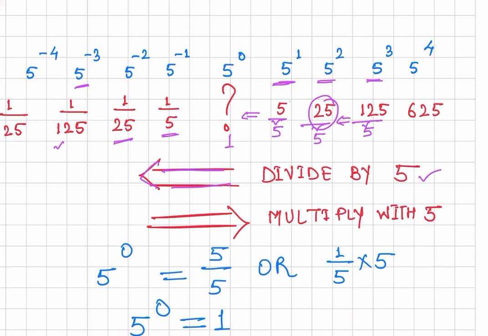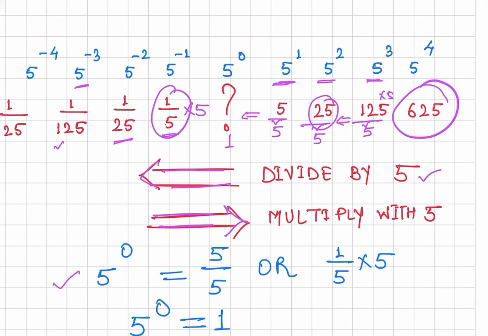Or let's see the other way around. Let's go from left to right. You just need to multiply by 5. For example, let's say you don't know what 5 raised to 4 is. Just multiply 125 by 5, you would get 625. In the same manner, 5 raised to minus 1 is 1 by 5. You are going from left to right, so just multiply this 1 by 5 and you would get 1.